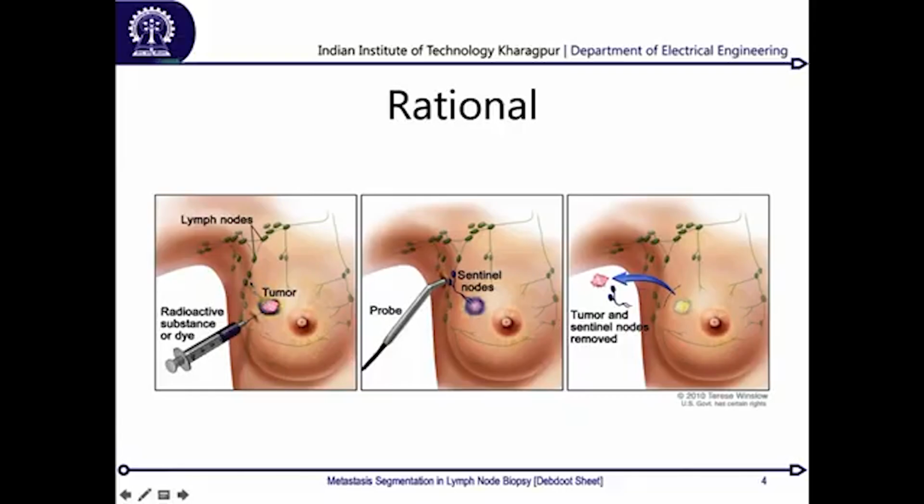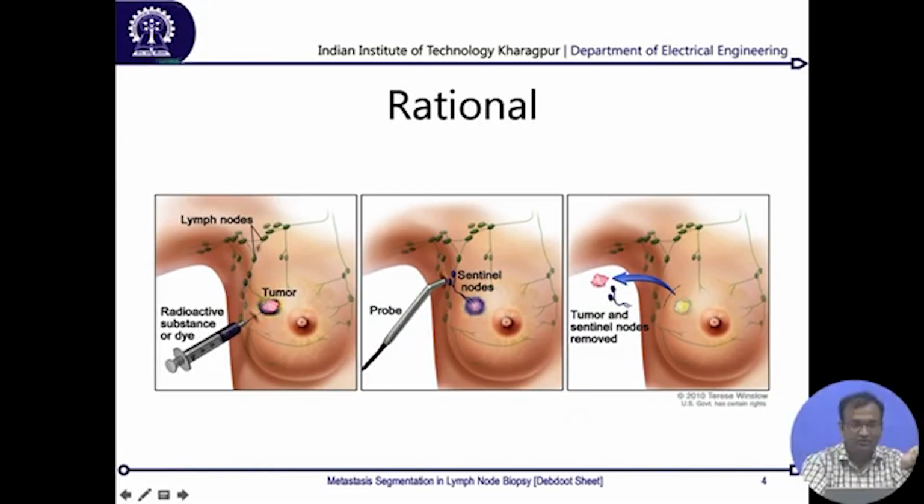Once they spread and affect these lymphatic nodes, all of them are going to spread down via the lymphatic node network, and that is going to create a major problem for us.